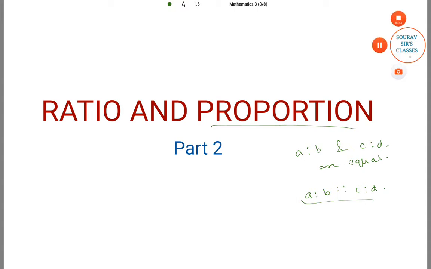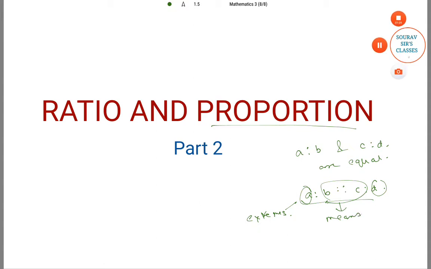That is, an equality of two ratios is called proportion, and we say that four numbers are in proportion. Here, A and D are extremes, and B and C are means or middle terms.